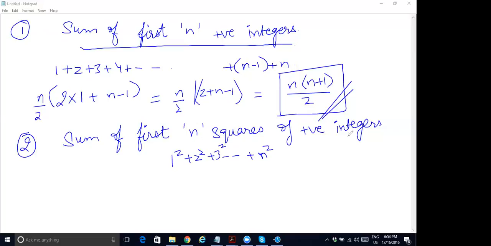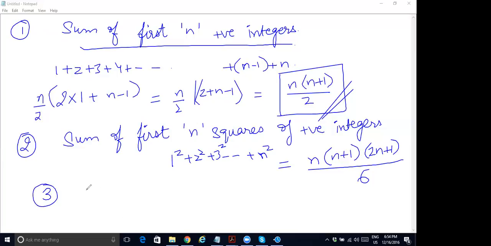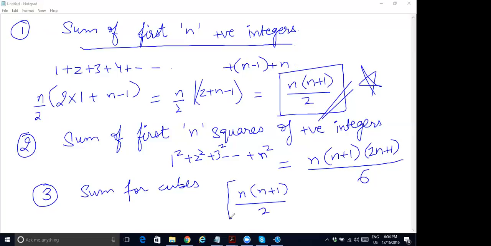No, that I don't know. So this will be n into n plus 1 into 2n plus 1 by 6, I think. Yes, very good: n into n plus 1, 2n plus 1 over 6. Cubes, I learned a long time ago, I think it's n square into n plus 1 square over 4. Yes, perfect. Whatever we have in this formula is the exact square of the sum formula: n into n plus 1 by 2, whole square.